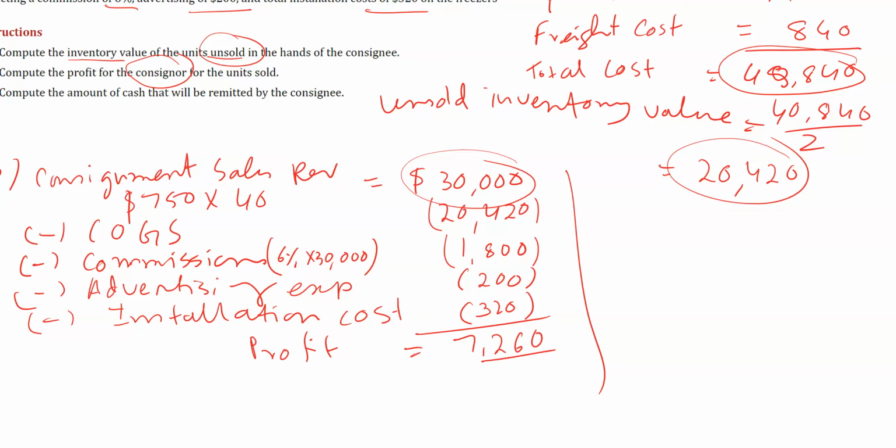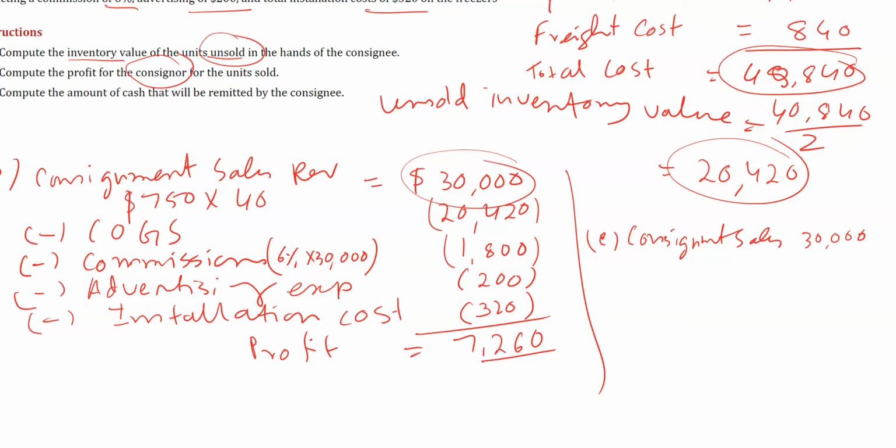So we have to subtract those, and calculate the net cash that the consignor will actually receive. For part C, first you see the consignment sales revenues. We have the number, 30,000.